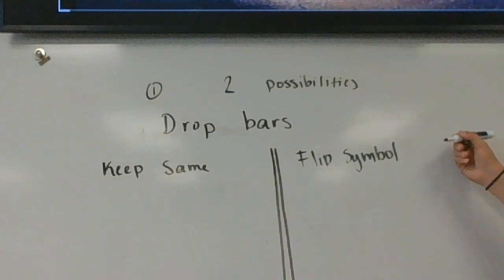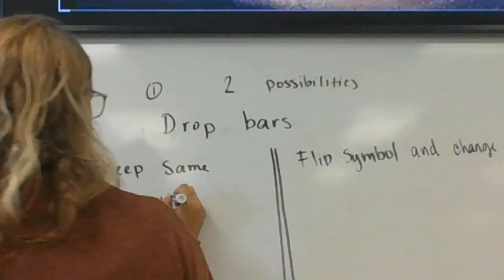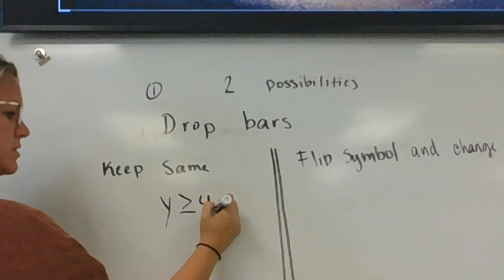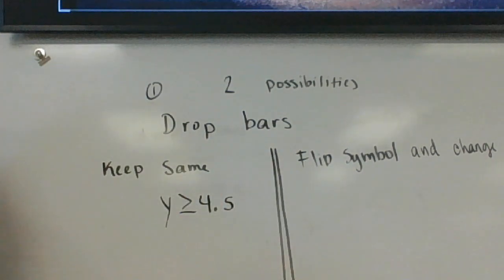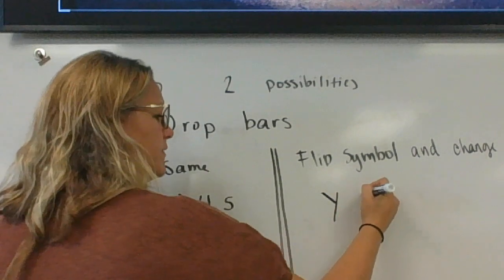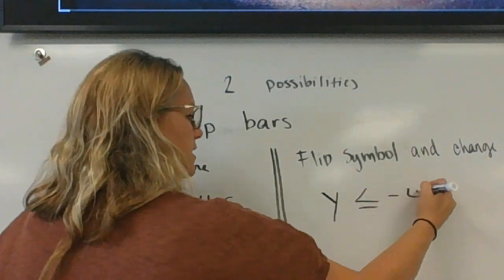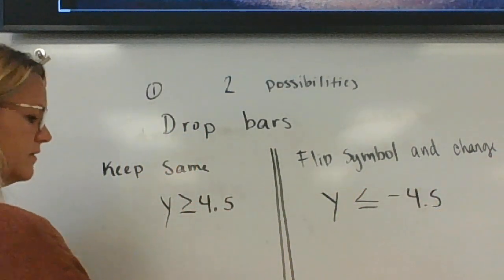Flip symbol and change sign. Anyway, I got y is greater than or equal to 4.5. I dropped the bars. And over here, I'm going to flip the symbol, make it less than, and I'm going to make the 4.5 negative.